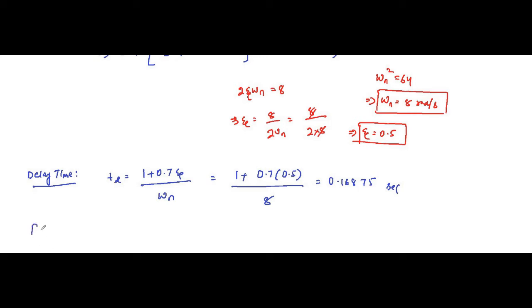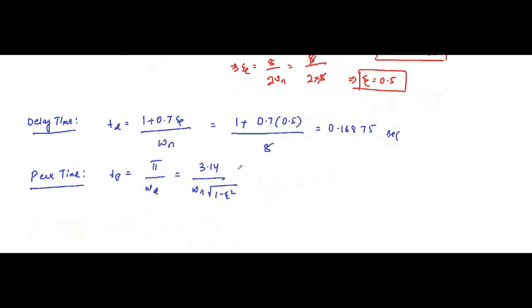Then we have the peak time, the time taken to reach the first peak value, the maximum value. Tp is pi by omega d, which is equal to 3.14 by omega n into root over of 1 minus zeta square.